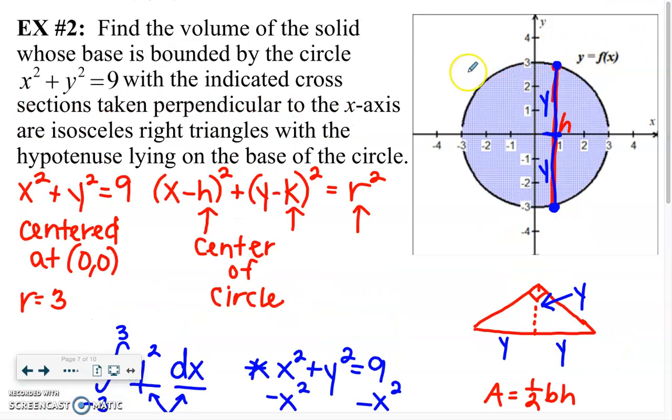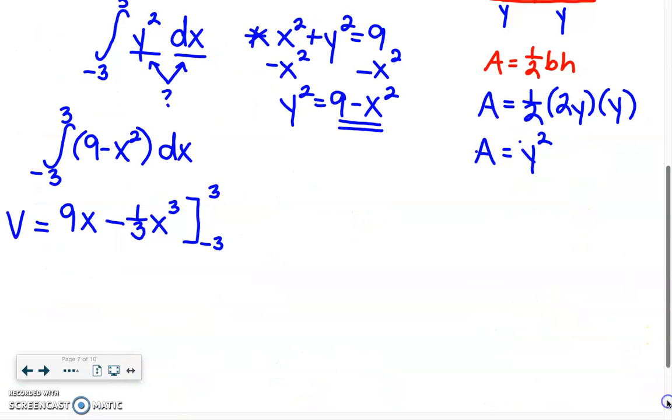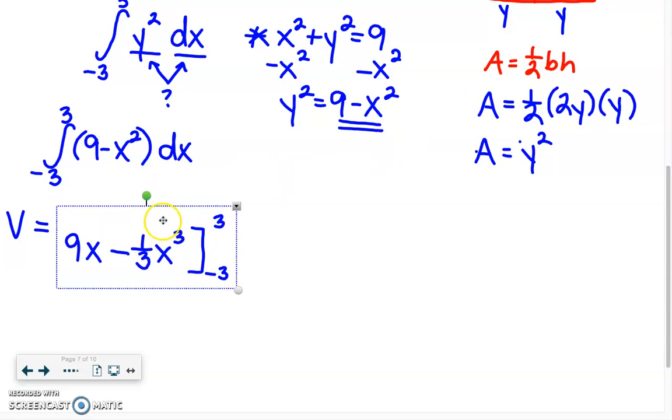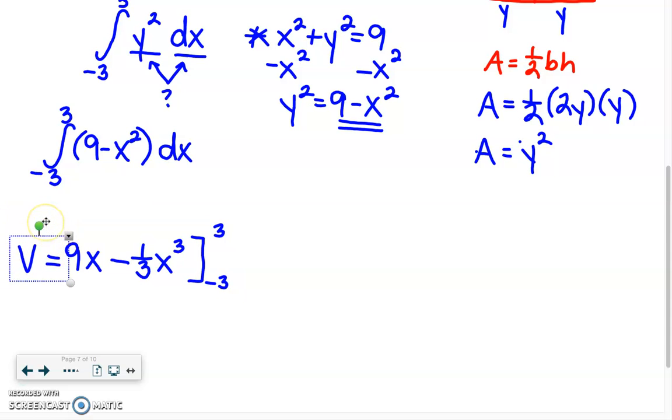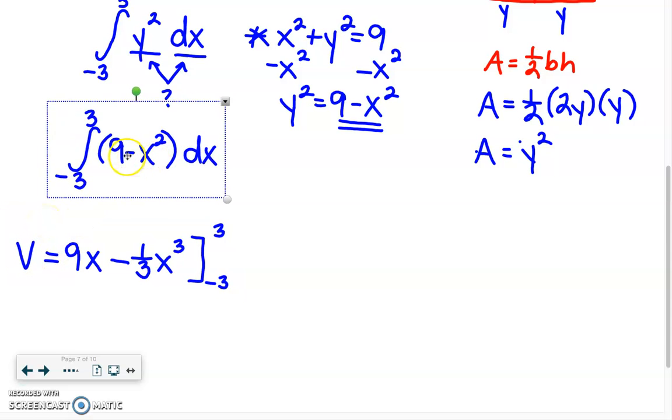Do you see how this circle is symmetric? Like it's evenly distributed among the x and the y axes. So what we could do is adjust our integral a little bit to make it easier to compute. And this only works when you have a symmetric figure.